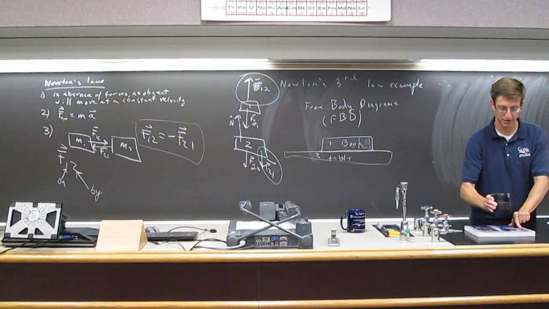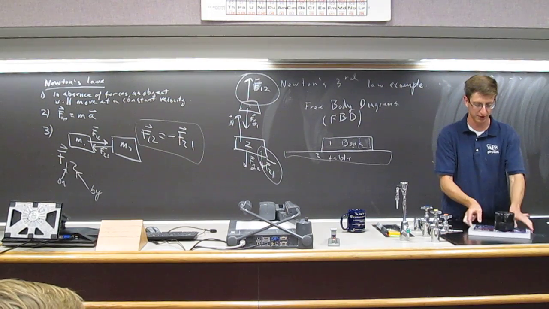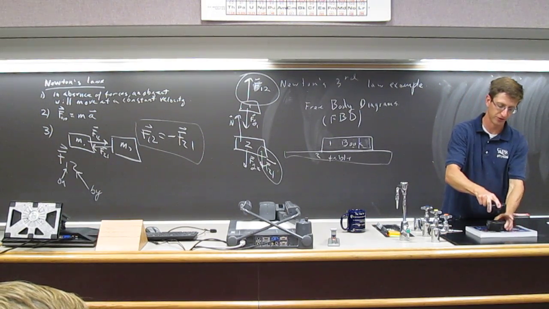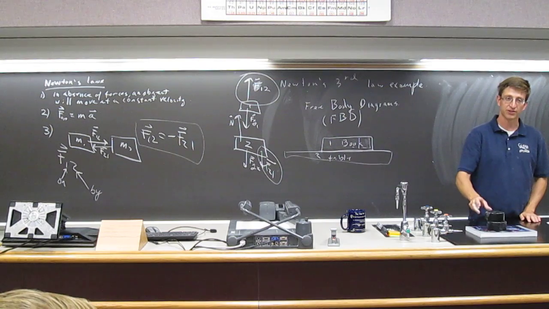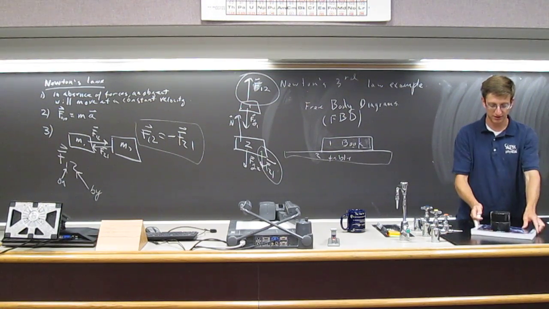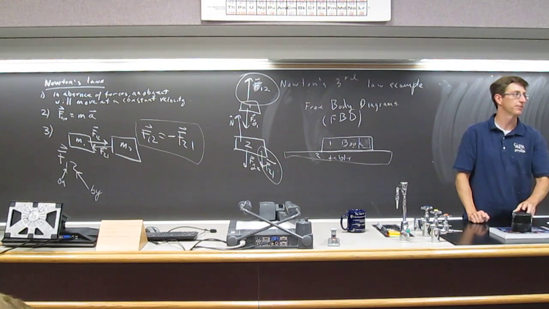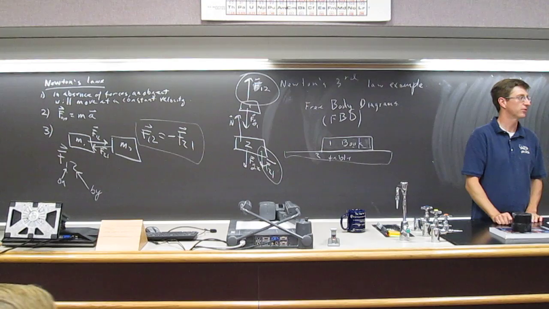All right. We're going to ignore the table now. We're just going to call any forces from the table the normal force. I have 3 masses here. Let's see if we can draw all the forces on each of these masses. I'll let you work on that for a little bit.